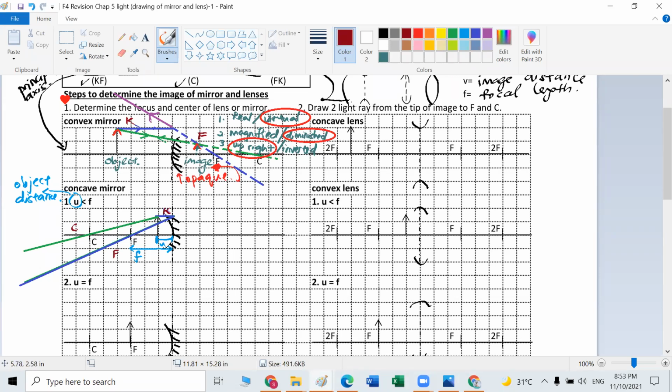Then how do we get the image? Image is the intersection of KF and C, the blue light ray and the green light ray. But these two cannot intersect. How? So we extrapolate. Let's extrapolate.